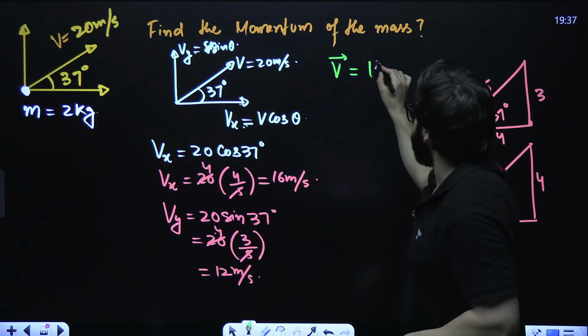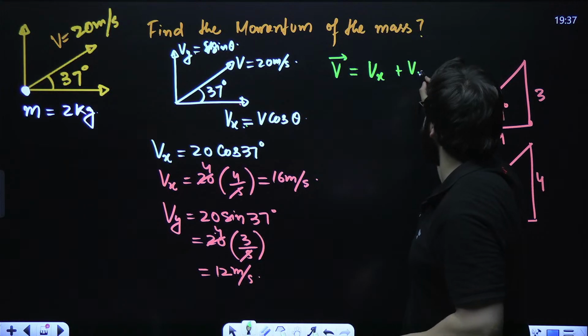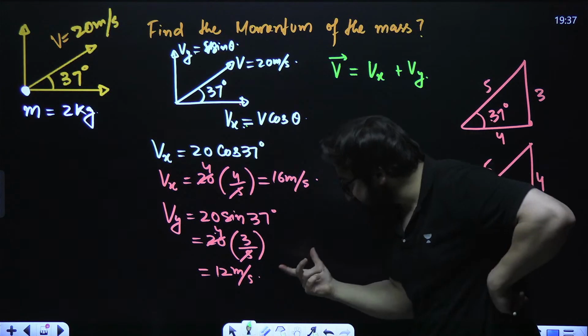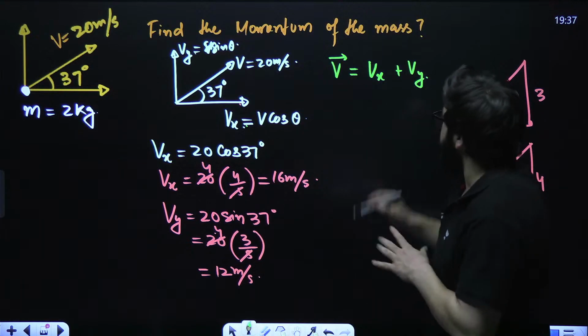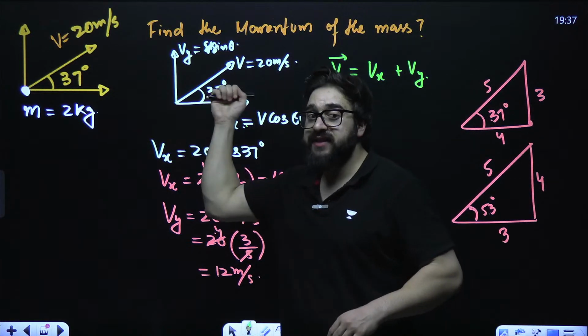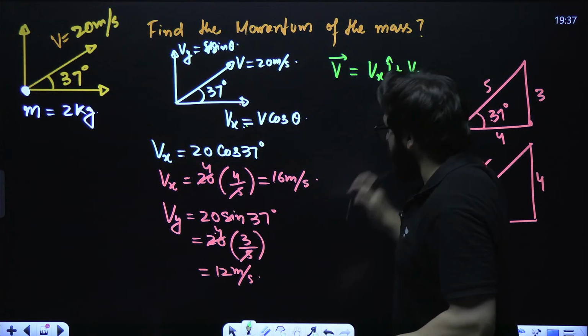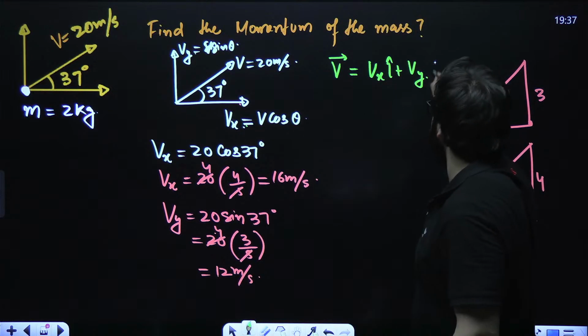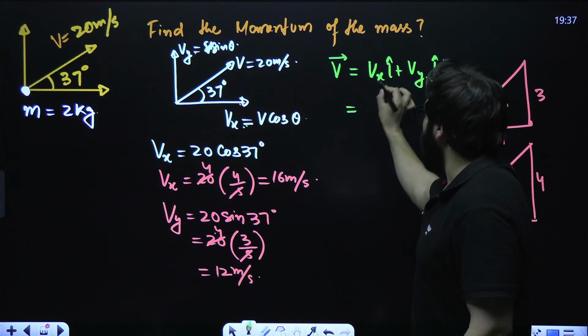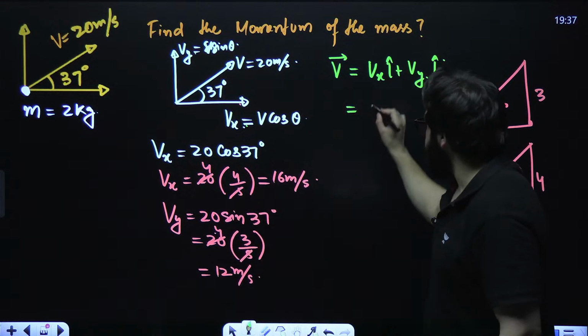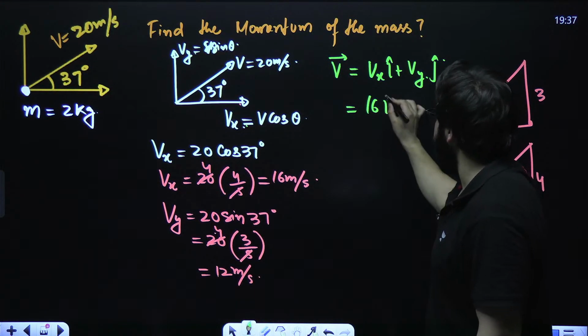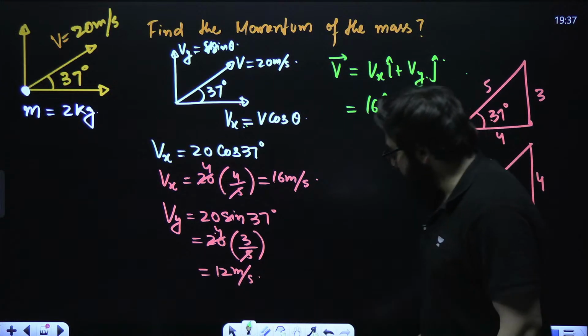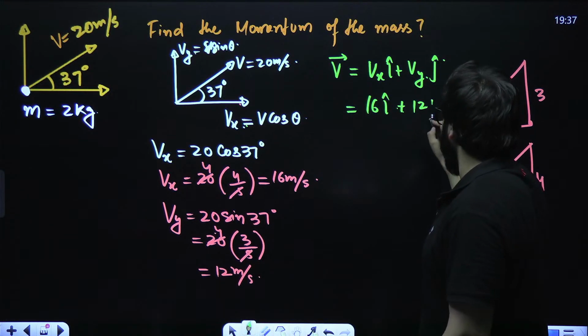That is Vx plus Vy. Now what is the value of Vx over here? Vx is in the x direction, so I write i cap. Vy is in the j direction, so I write j cap. So what is the value of Vx? That is 16 i cap, plus what is the value of Vy? That is 12 j cap.